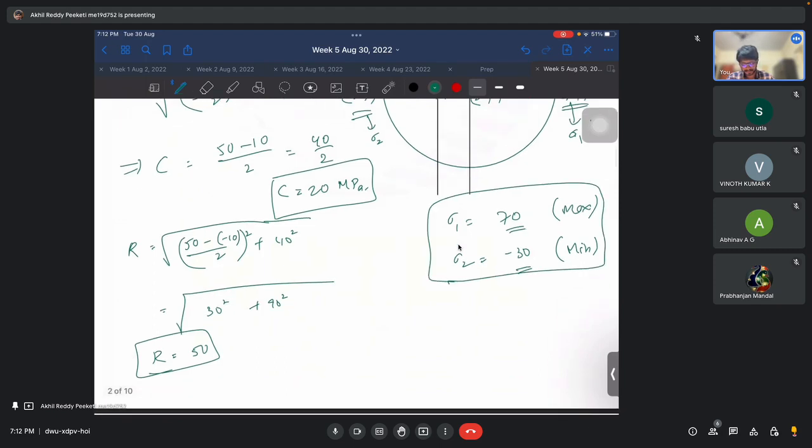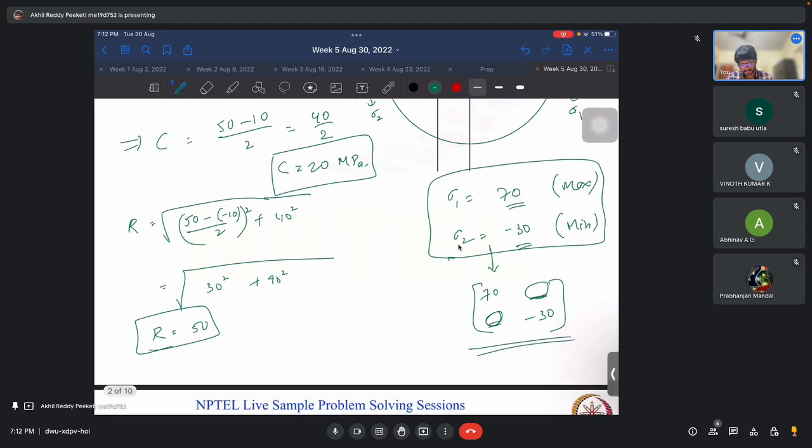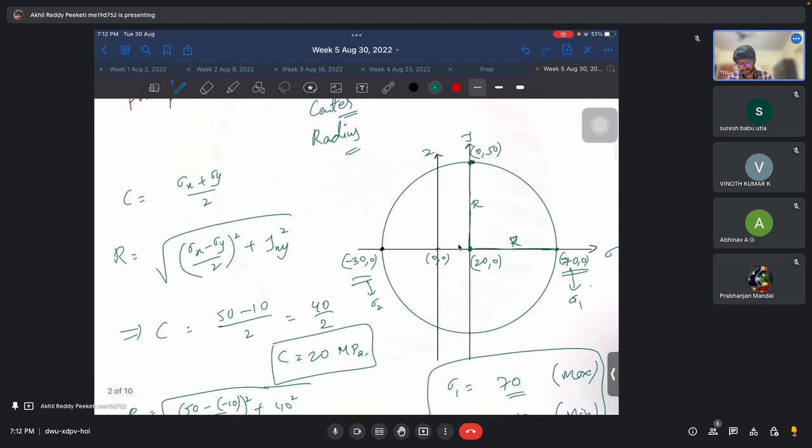So in this stress case, what would be the stress tensor in the principal case? Will it have any shear components? No, right? So where tau is maximum, shear stress is maximum.